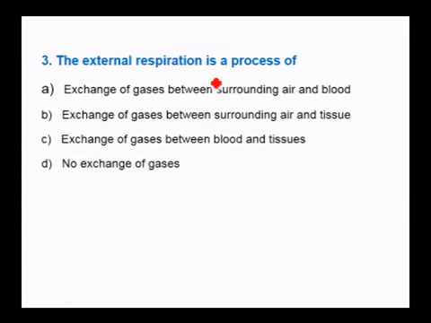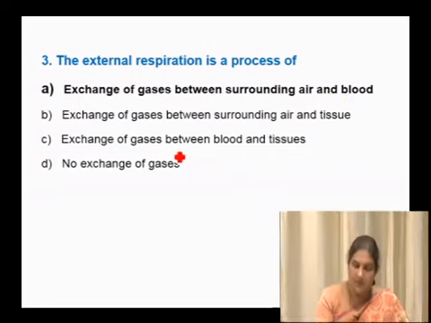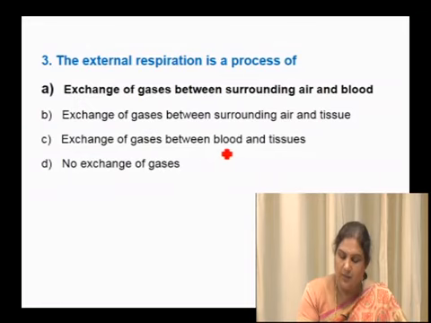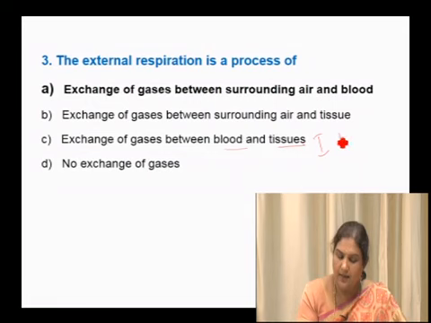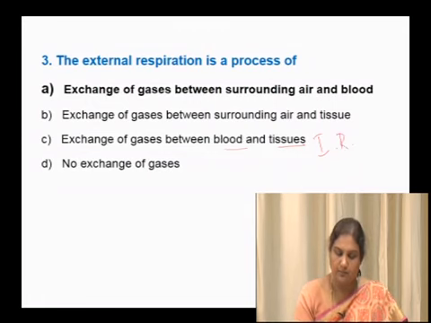External respiration, as I have explained in the previous slides, is the exchange of gases between the surrounding air and the blood. But if it is the exchange of gases between the blood and the tissues, we call it internal respiration.